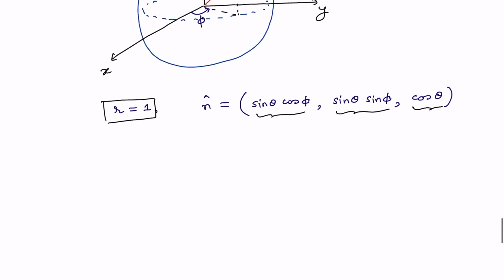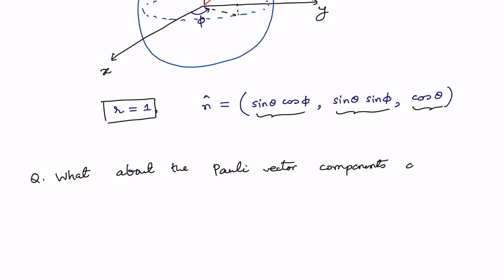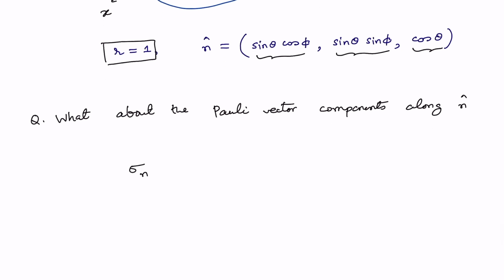Now we can ask, what about the Pauli vector components along this arbitrary vector n cap? Then you just have to take the projection of the Pauli vector along the n cap direction. This is what you do when you ask for the projection of the Pauli vector along an arbitrary direction.